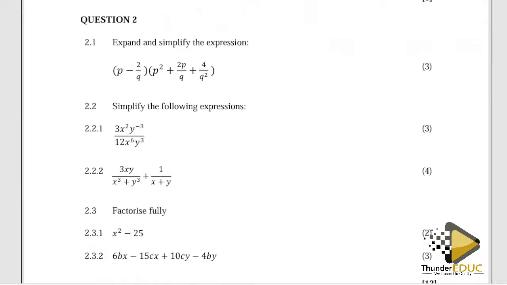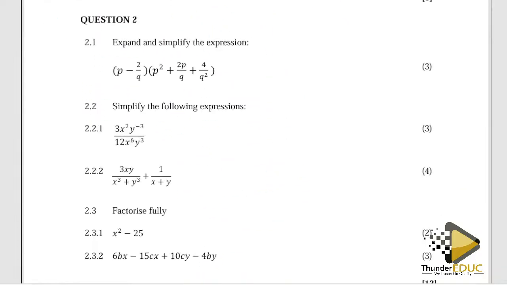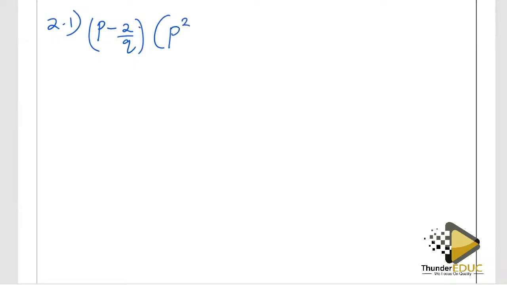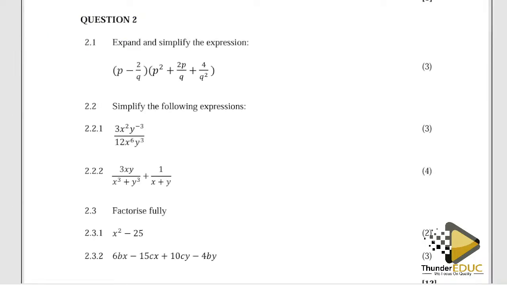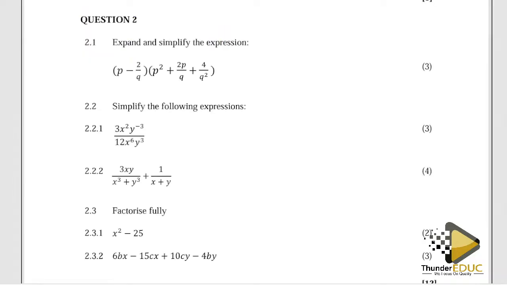So for me to do this perfectly well, I think I should write it this side for 2.1. The question is telling us if we have p minus 2 over q, open brackets, we have p squared plus 2p over q, and then plus 4 over q squared.